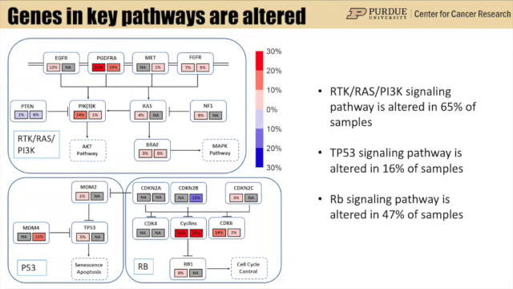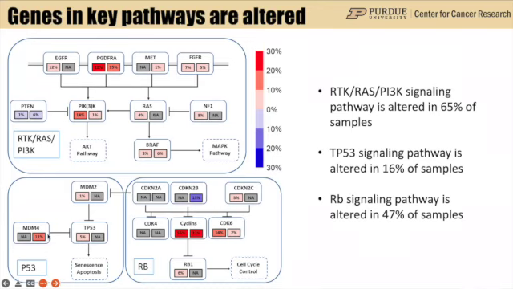Overall, over 65% of the canine samples have a mutation or copy number alteration in one of the genes in this RTK-RAS PI3K signaling pathway.